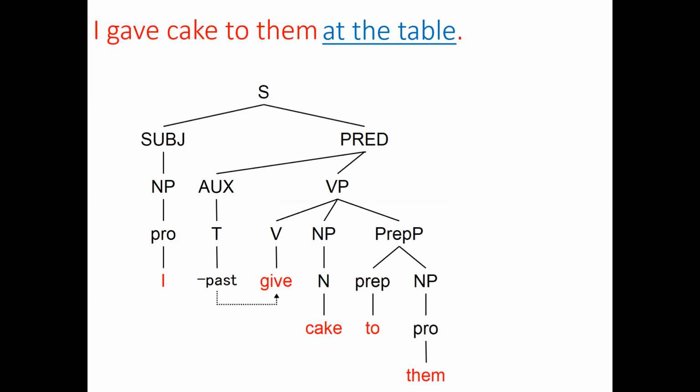Now, to generate this non-essential prepositional phrase, we have to first produce an adverbial, abbreviated as ADVL, from the predicate. Now, this is because adverbials are extra elements that modify or qualify another part of speech in some way.